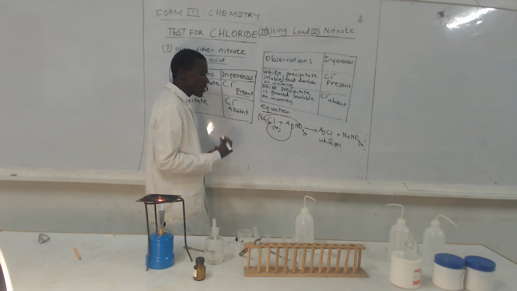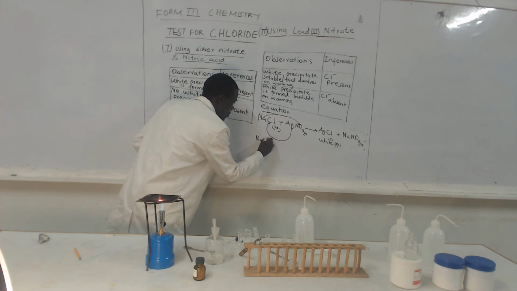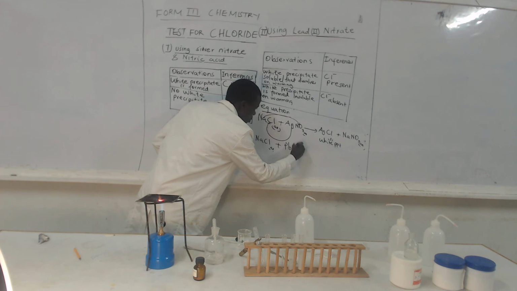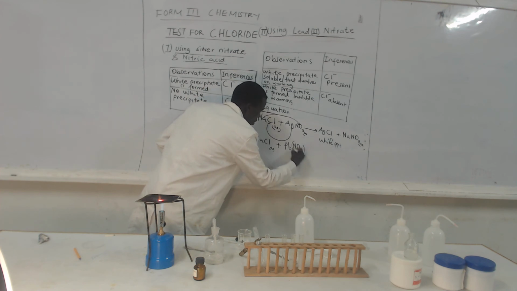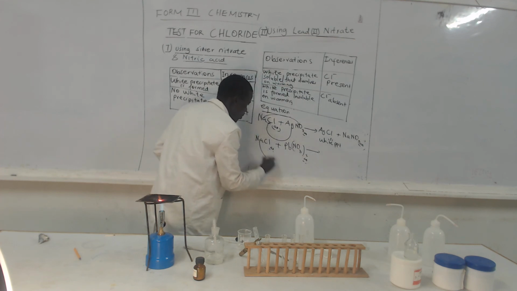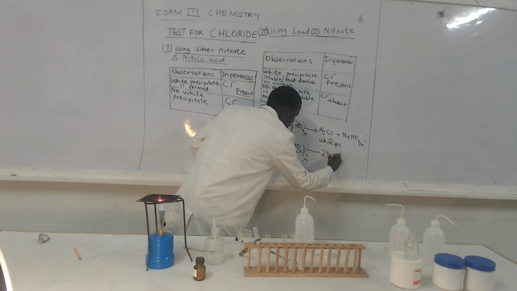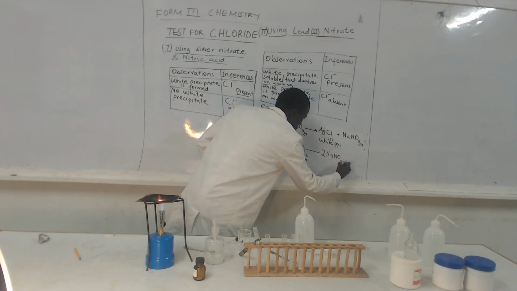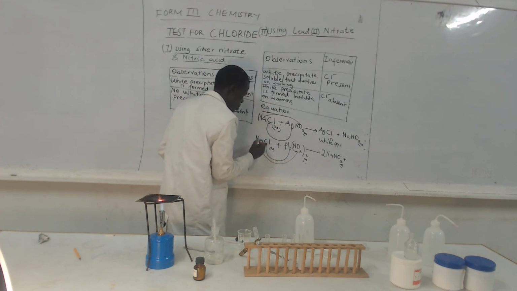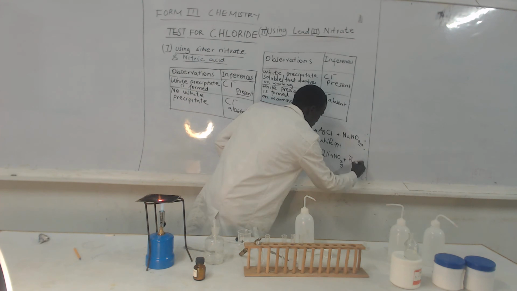How can we explain this? By using chemical equation. Say sodium chloride reacting with lead nitrate. Students, we are having sodium reacting with nitrate to form sodium nitrate. Then lead reacting with chloride to form lead chloride.